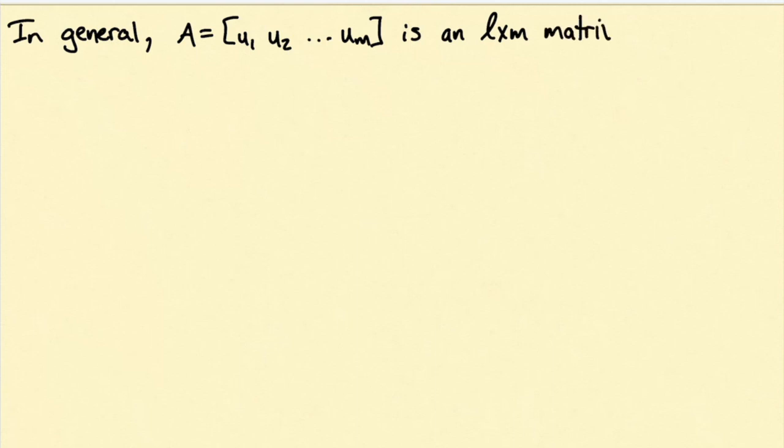So for the more general case, we need to be careful about our dimensions. In general, if we take a matrix A with columns U1, U2 down to Um, which is an L by M matrix, that is, there are M columns. Each column is an L-dimensional vector.